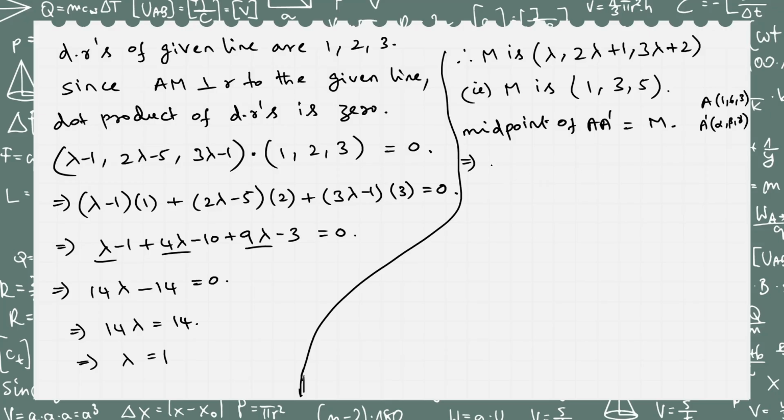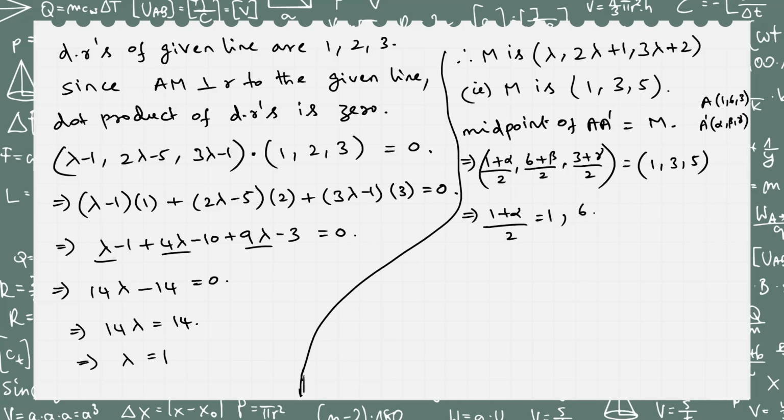So the midpoint of AA' will be 1 plus alpha by 2, comma, 6 plus beta by 2, comma, 3 plus gamma by 2, equal to M's values, 1, 3, 5. So we have to equate the corresponding coordinates. So we get 1 plus alpha by 2 equal to 1, and 6 plus beta by 2 equal to 3, and 3 plus gamma by 2 equal to 5.